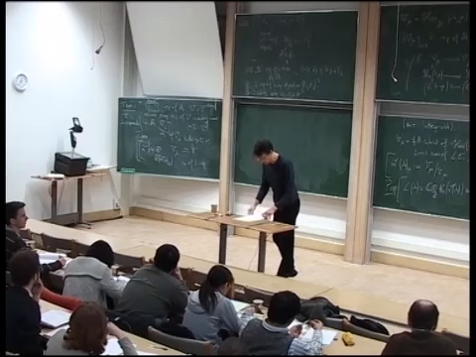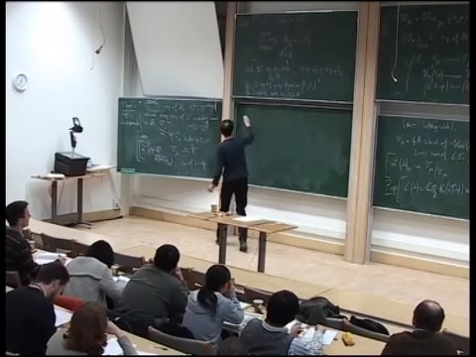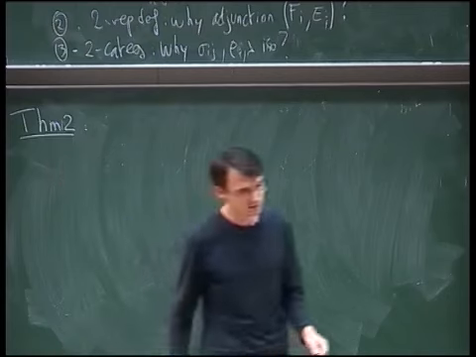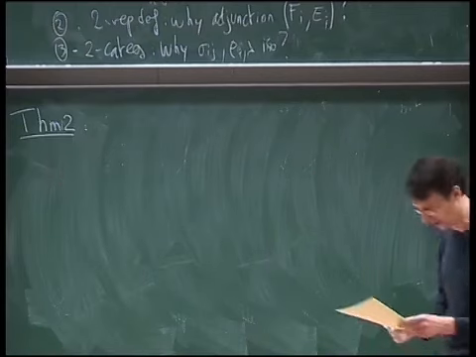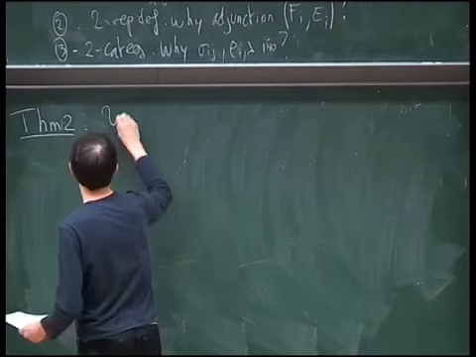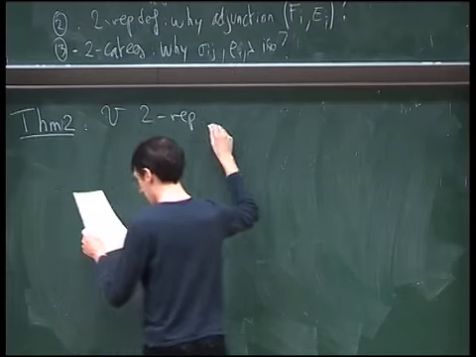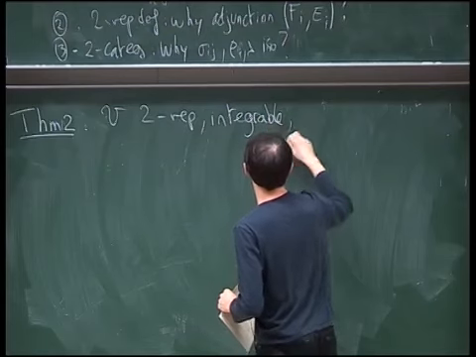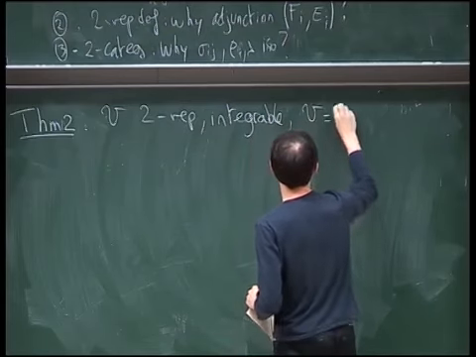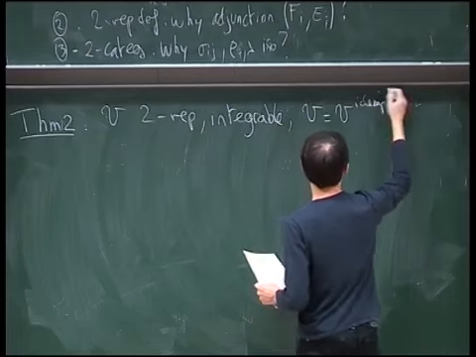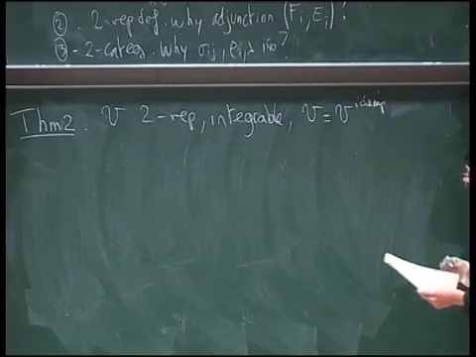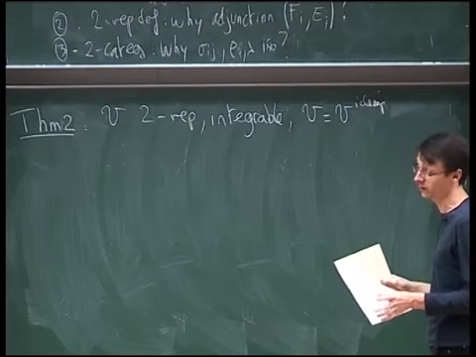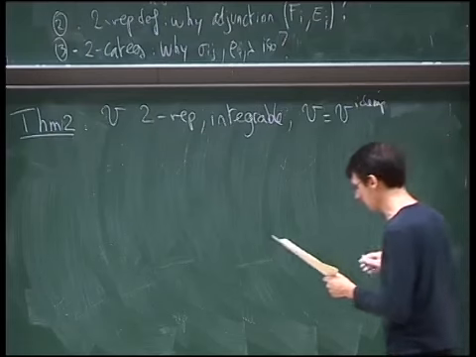Okay, so the last thing is Jordan-Hölder. So what's the assumption? You take a 2-representation V, integrable, and so on. Consequence: idempotent complete. If you want a complete reducibility theorem for Kac-Moody algebras, you have to be a bit careful, and that's the assumption I'll put there.